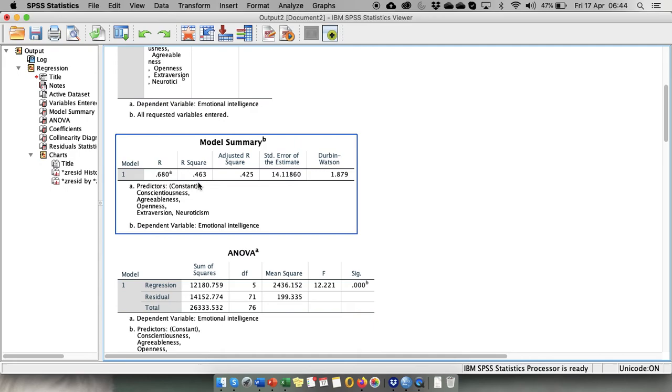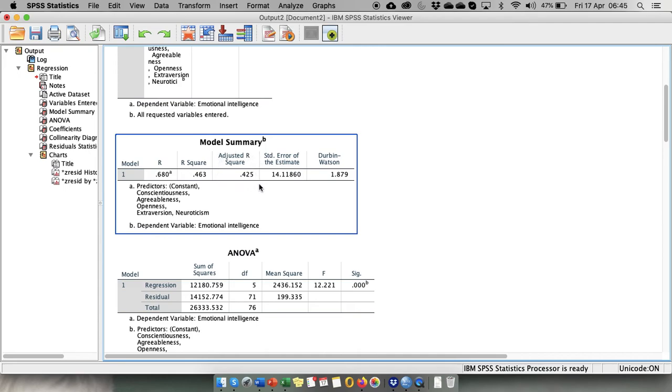However, the most commonly used value for estimating how much variance predictor variables explain in an outcome variable is actually adjusted R squared. This value takes into account the number of the predictors and usually provides a much more conservative value. In this case, our 46 dropped to 42.5, and this is the value you would report.